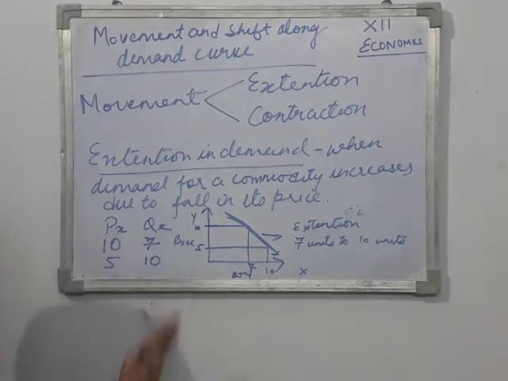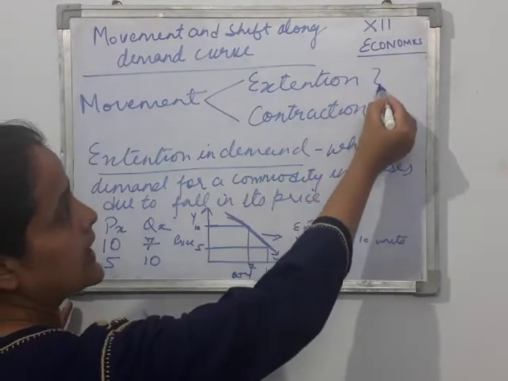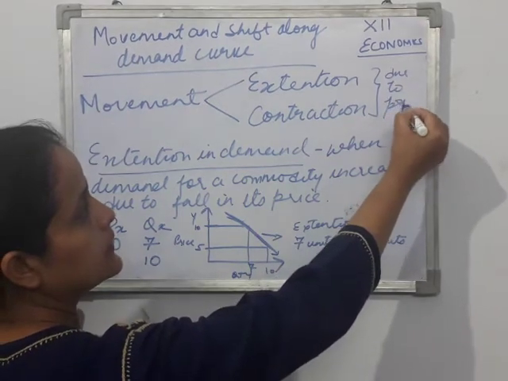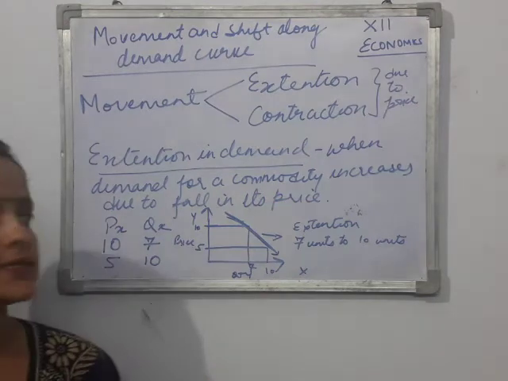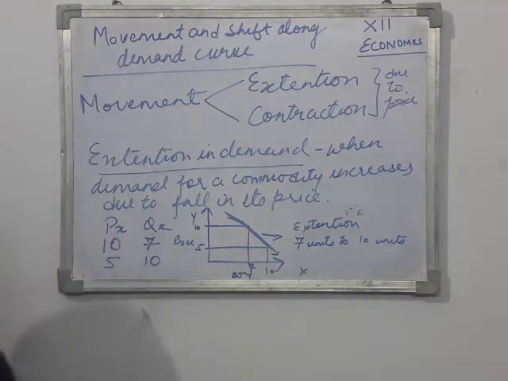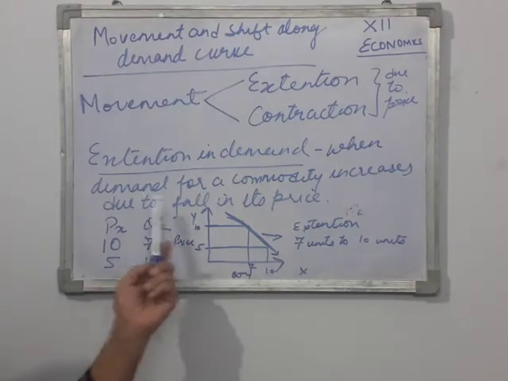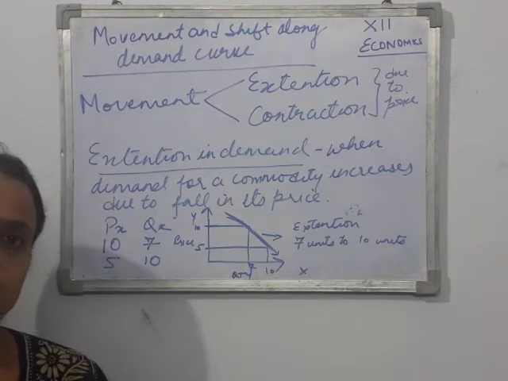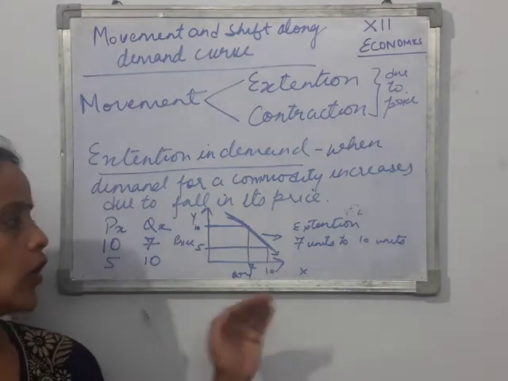Always remember that extension and contraction, they take place just due to price. Other factors will remain constant here. I hope this is clear to you that what is extension. Again, I'll repeat, extension in demand curve means that when a demand for a commodity increases due to the fall in its price, this is known as extension, and this is the diagram how you can show this.